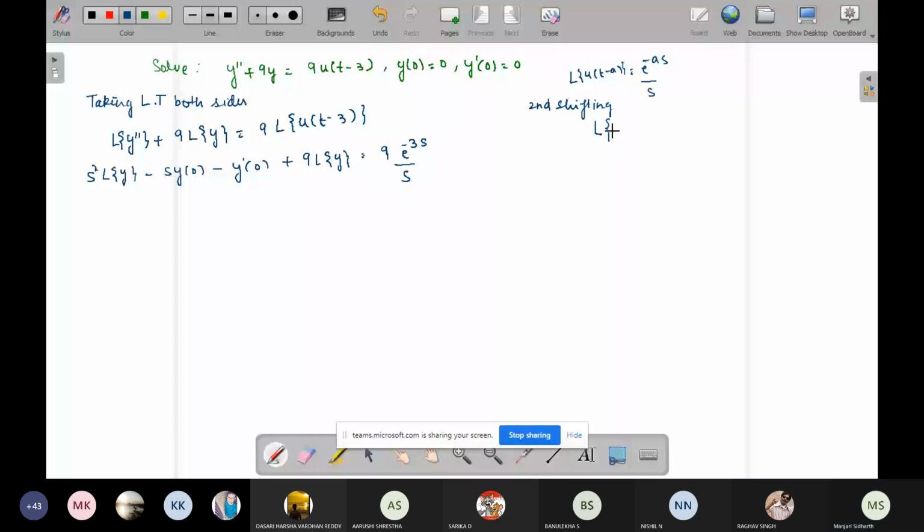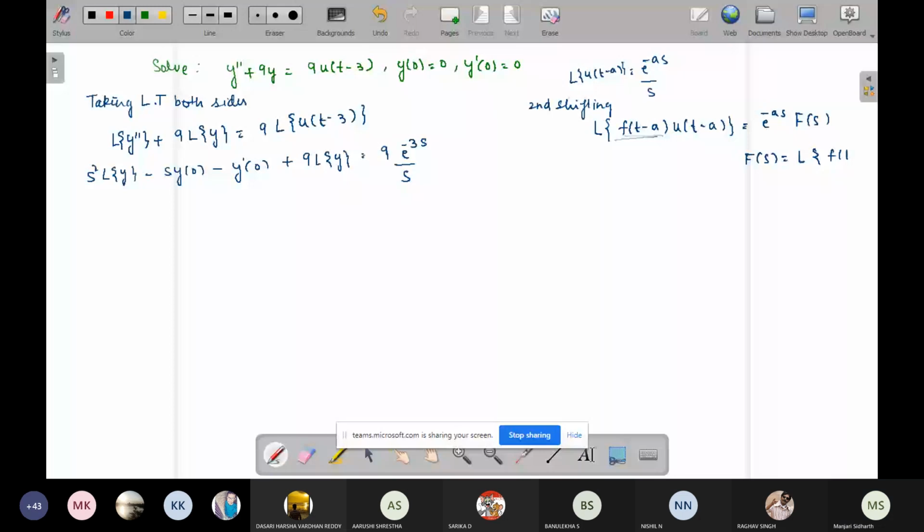So it was f of t minus a and u of t minus a, Heaviside, equals e power minus as F of s, where F of s is nothing but the Laplace transformation of f of t.